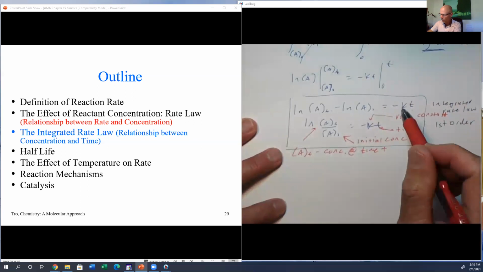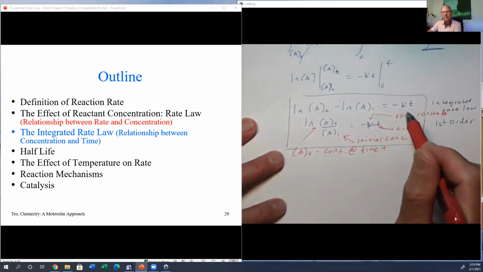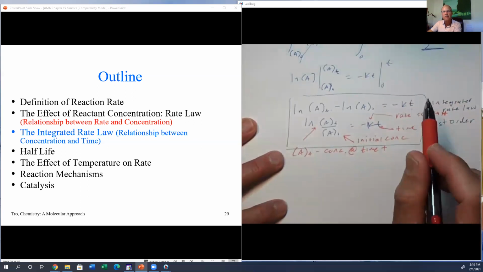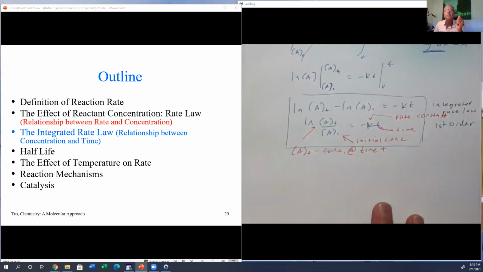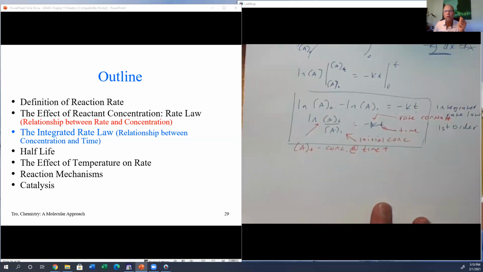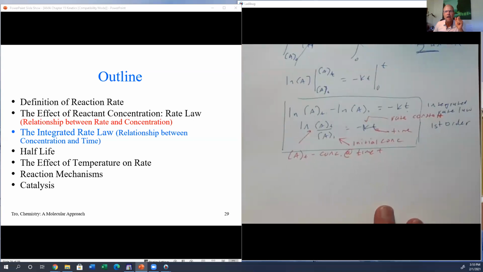Right. So what this equation is good for is exactly what we talked about just a couple minutes ago, right? If I know the initial concentration, how much is left after a certain amount of time? So for example, years ago, we used to use chlorofluorocarbons in a lot of solvents and in a lot of aerosols.